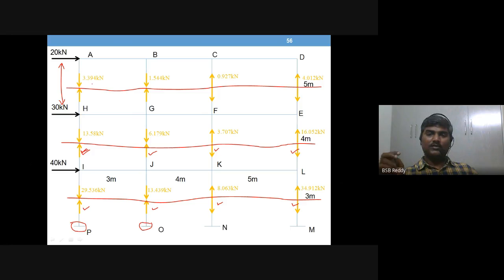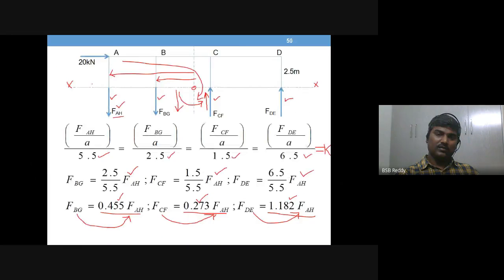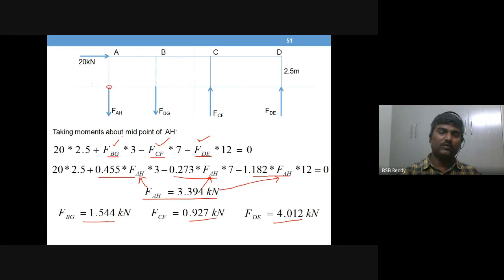Right. So remember, first work out the CG location, then formulate the relations from the second assumption, that is sigma by x is equal to some constant. Then use those relations in a moment equation, where moment is 0 at the middle of a member.